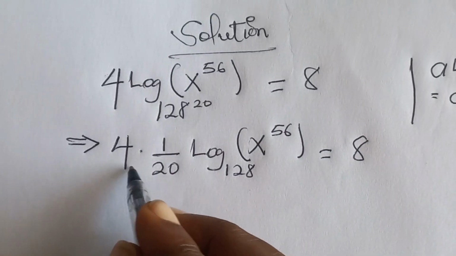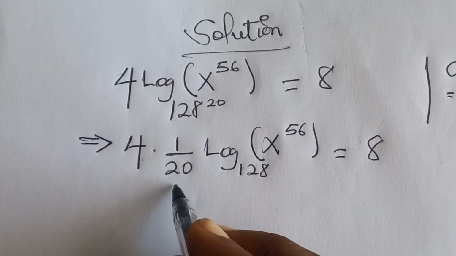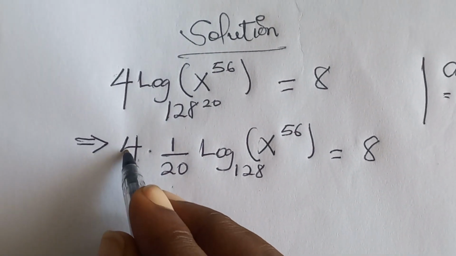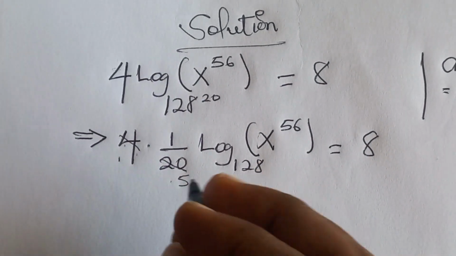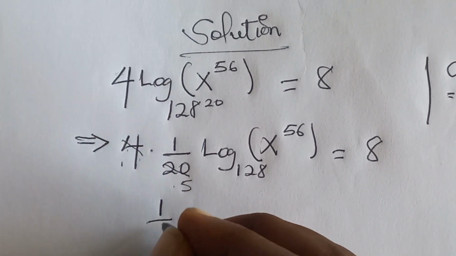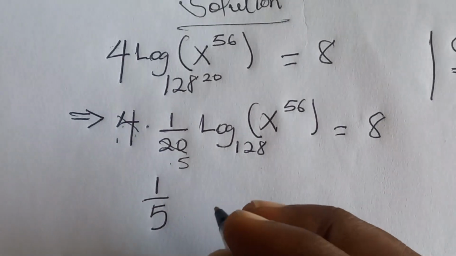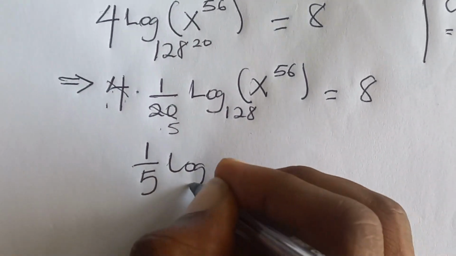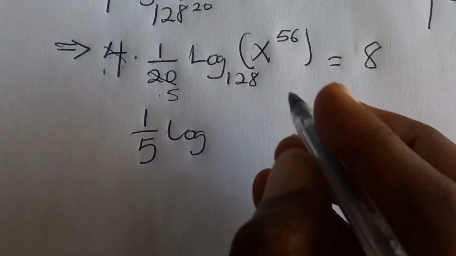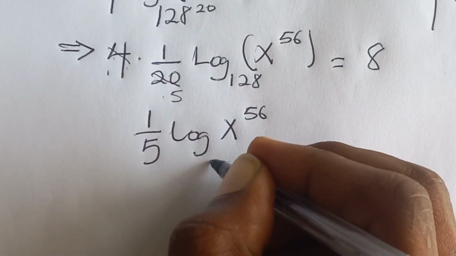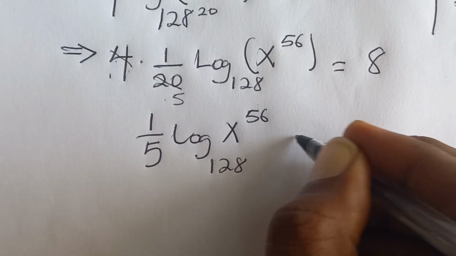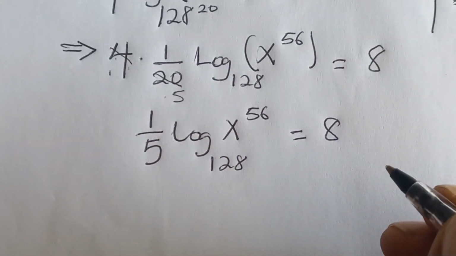And then 4 multiplied by 1 on 20: 4 goes into itself 1, and it goes into 20 5 times. So we are going to get 1 on 5 log base 128 of x exponent 56 is equal to 8.